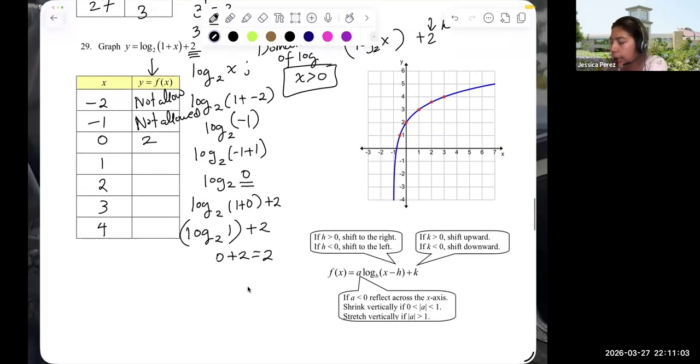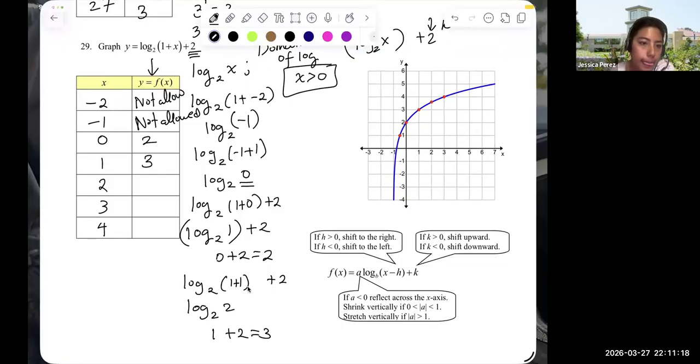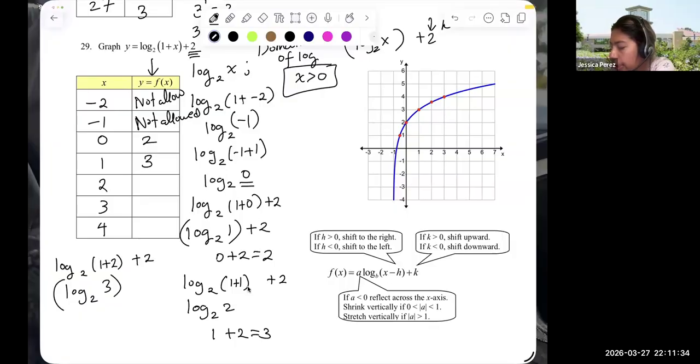So you're going to have two types of shifts here. If I have log base 2 of 1 plus 1, and then plus 2, this is log base 2 of 2. But log base 2 of 2 is 1. 1 plus 2 is 3. And then if I do log base 2 of 1 plus 2, and then plus 2, this would be log base 2 of 3, and then whatever number that is, plus 2. So the remaining ones are going to be an approximation.